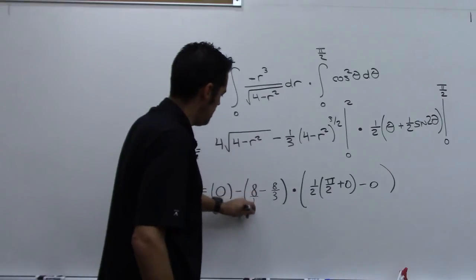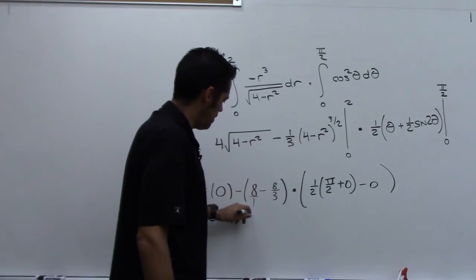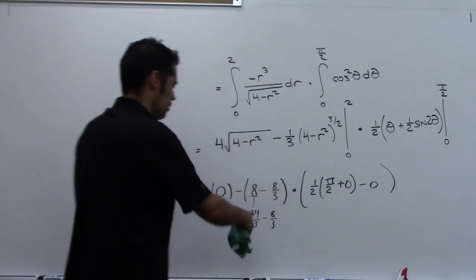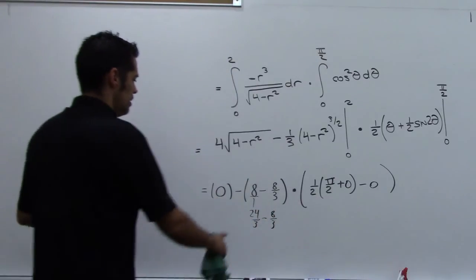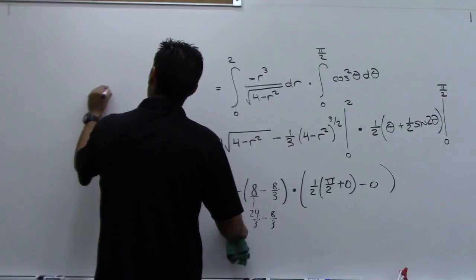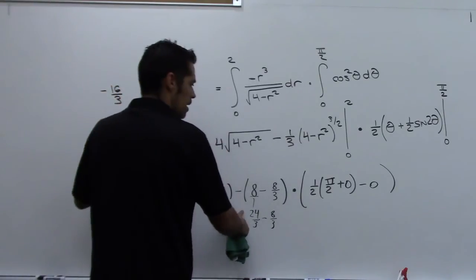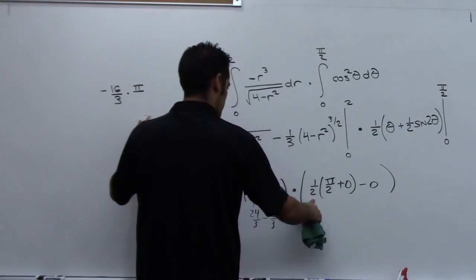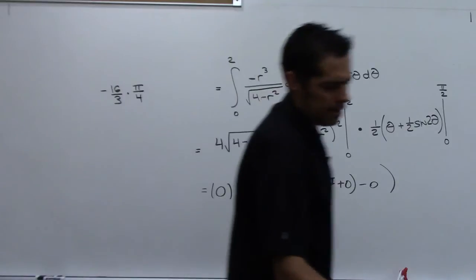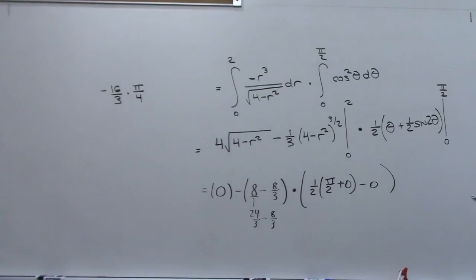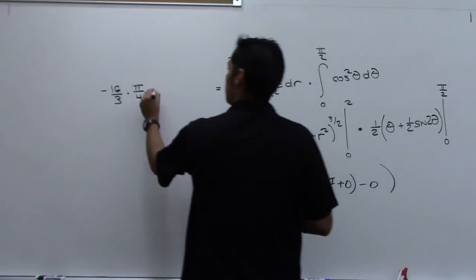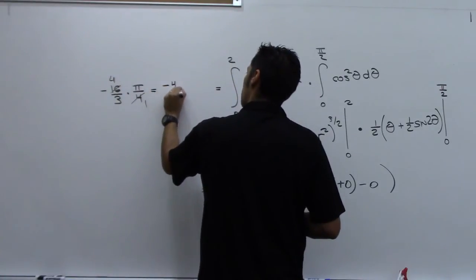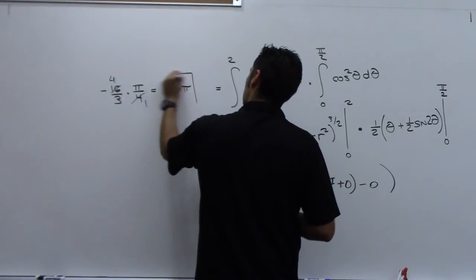Let's get a common denominator here. Multiply top and bottom by 3, so you get 24/3 minus 8/3. Which is going to be 16/3, but it's going to be negative, so negative 16/3. And then over here, this looks like times pi over 4. And that doesn't look right. Let me see. Yeah, but it is. Okay, this 4, so I get negative 4 over 3 pi. Negative 4/3 pi.